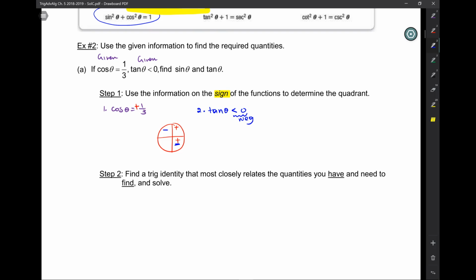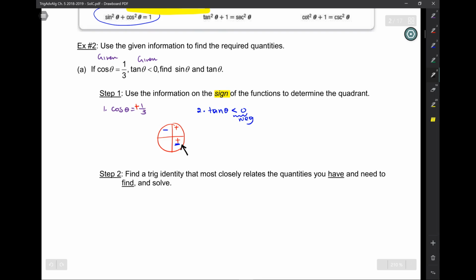Now, in which quadrant do both of them match up? Quadrant 4. Only in this quadrant are both conditions equally met.